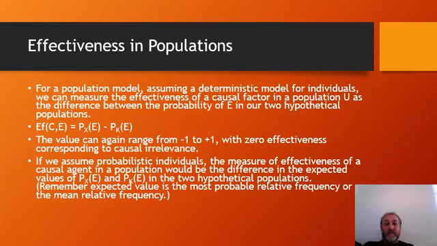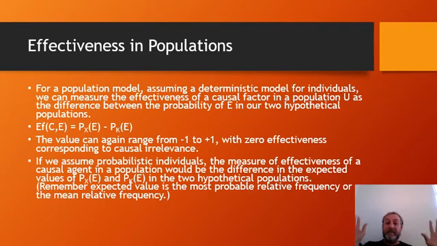And we can also talk about effectiveness in populations. For a population model, assuming a deterministic model for individuals, we can measure the effectiveness of a causal factor in the population. That'll be the difference between those two probabilities that we already talked about: the probability of E in X, which is the world where we take all our people in our population U and give them all the causal factor, minus the probability of E in the population where nobody has the causal factor.